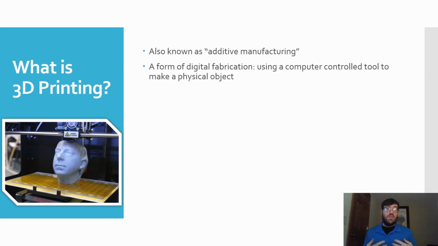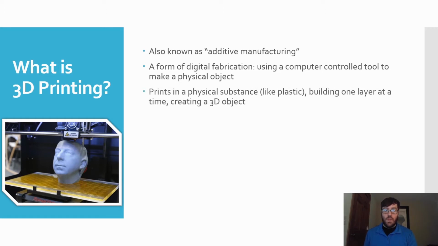So instead of us creating the object with our hands, like you might with clay or paint, we are creating a design and then putting that design using software into a computer, which then controls a tool, in this case the 3D printer, and creates your object from that model or design. It prints in a physical substance like plastic, which is the most popular form of what we call filament, and we'll talk about that in a little bit. Building one layer at a time to create a 3D object.